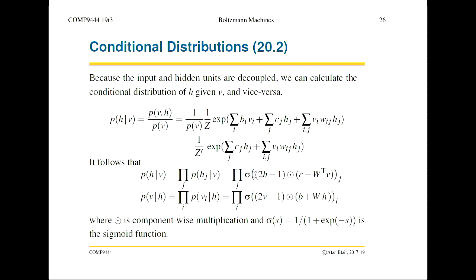We've got the sigmoid, and this is the weighted sum of the weights to that unit plus... This looks very busy, but it's like the weights from the visible units to that particular hidden unit plus the corresponding bias.